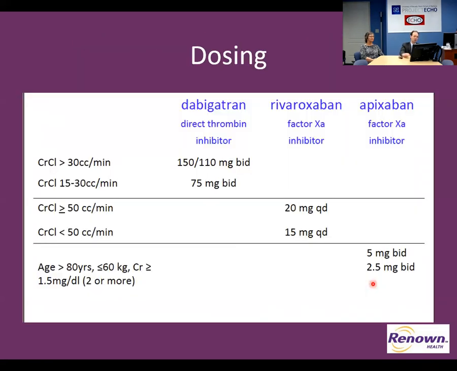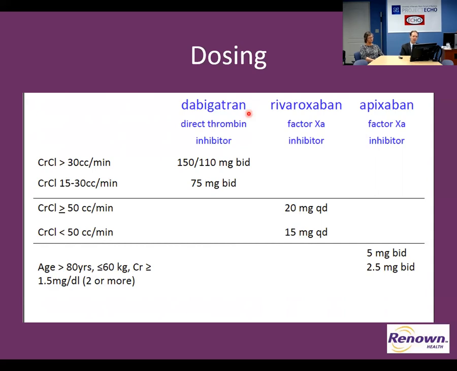I will say also that Pradaxa has fallen out of favor a little bit with cardiologists just because a moderate amount of people will have dyspepsia with it. And again, if you're arguing theoretical risk against real side effects, the more real side effects you throw at people, the more they're apt to just say, enough with the blood thinners, give me an aspirin, and then of course their stroke risk is substantially higher.